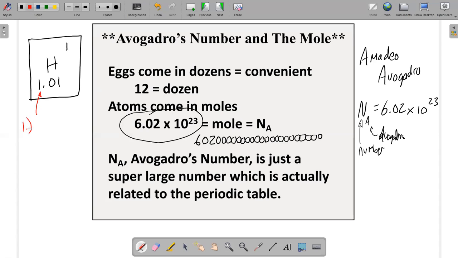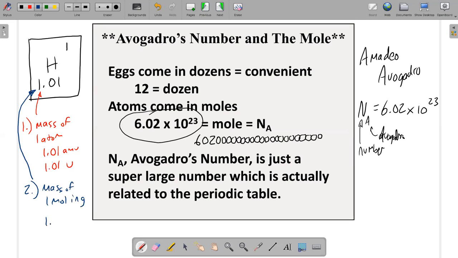Its first meaning is that the mass of one atom is 1.01 AMU, but we also write 1.01 U. But the other use for that number, and it's why Avogadro's number comes out to be this value, is that based on the metric system, we have rigged it so that's also the mass of one mole in grams, meaning it's 1.01 grams per mole.